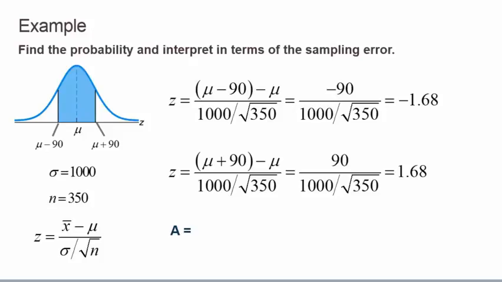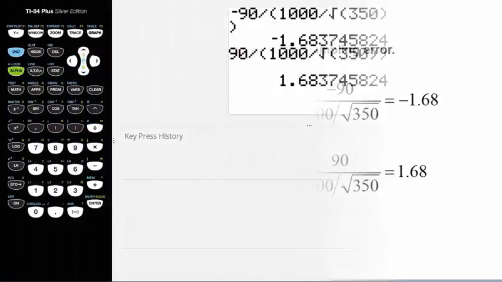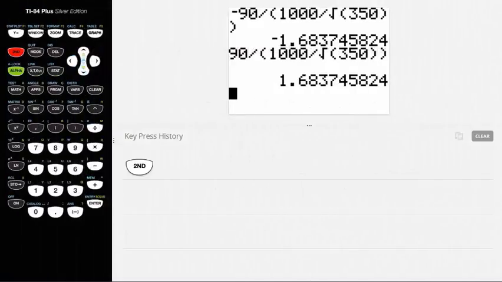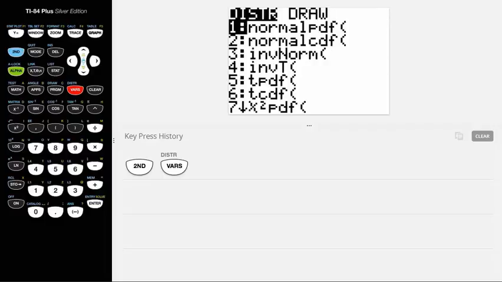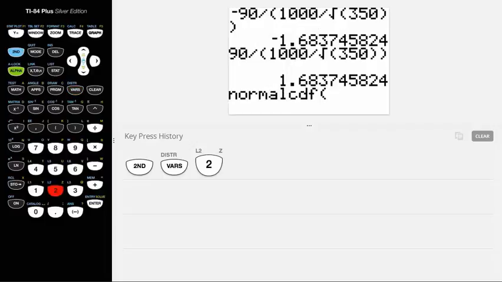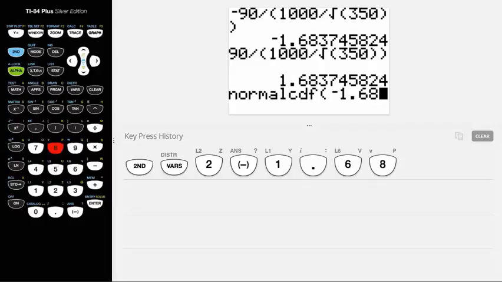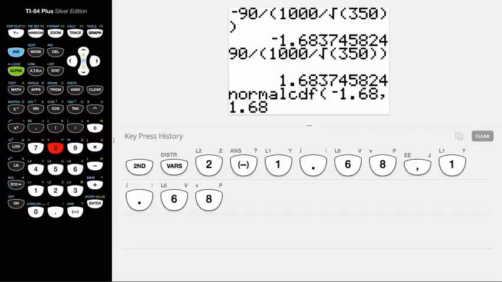Next, I need to find the area, going back to my calculator. Second, distribution, I want number 2, which is the normal CDF. I'm going to start with my lower limit, negative 1.68, comma, then my upper limit, positive 1.68.